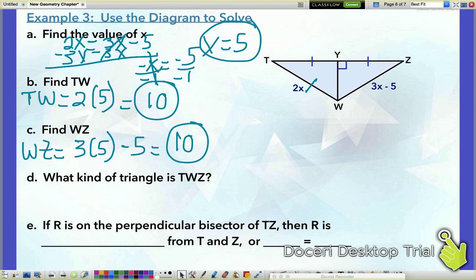So what I'm saying is those sides are congruent. Okay, what kind of triangle is TWZ? Okay, it's an isosceles triangle.